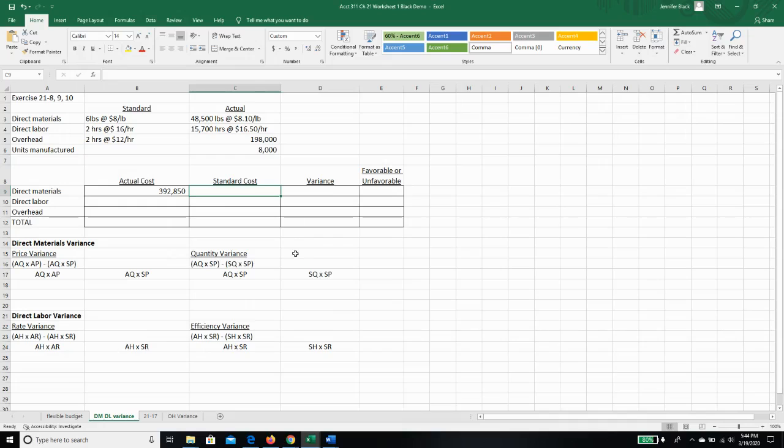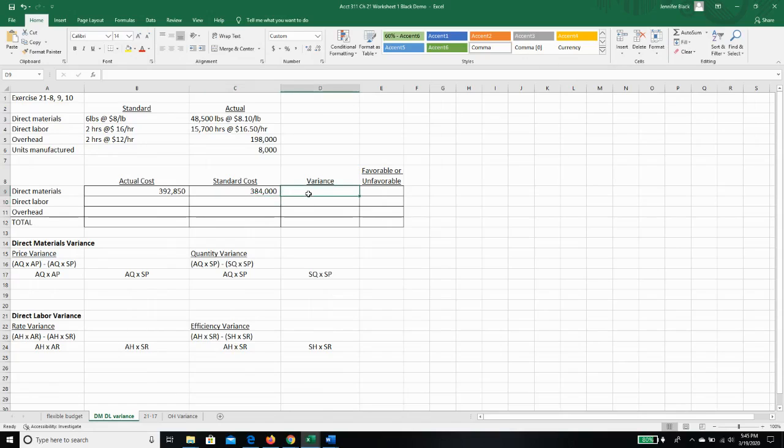Our standard cost, what it should have cost us to make 8,000 units, is the 8,000 units we actually manufactured times 6 pounds per unit times $8 per pound. The 8,000 is the number of units we actually manufactured. The 6 is how many pounds we should have used per unit. And the $8 is how many dollars we should have paid per pound. Turns out our standard cost for making 8,000 units was $384,000.